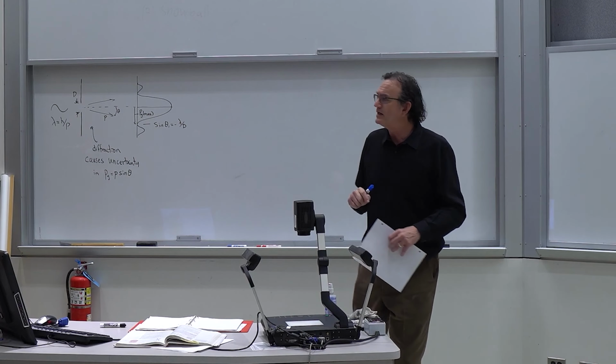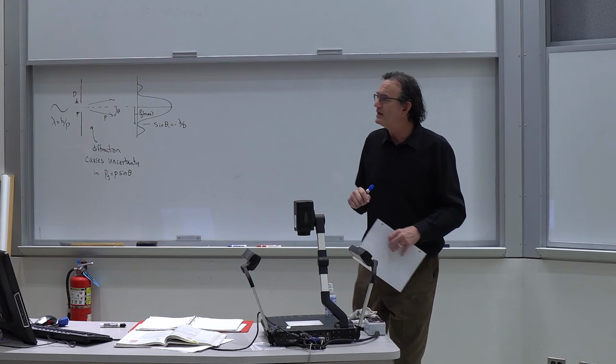So this is equal to h over lambda times lambda over d, and therefore this is equal to h over d. So the maximum that the uncertainty in the y component of the momentum can be is h over d.